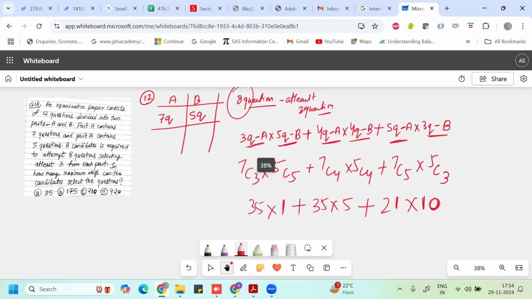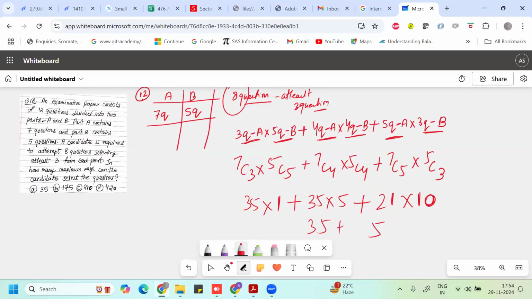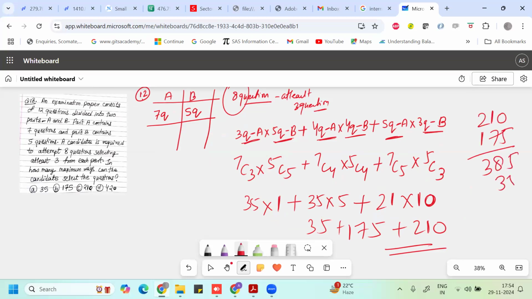So this is 35 plus 175 plus 210. 35 plus 175 is 210, and 210 plus 210 is 420. Clear, everyone?